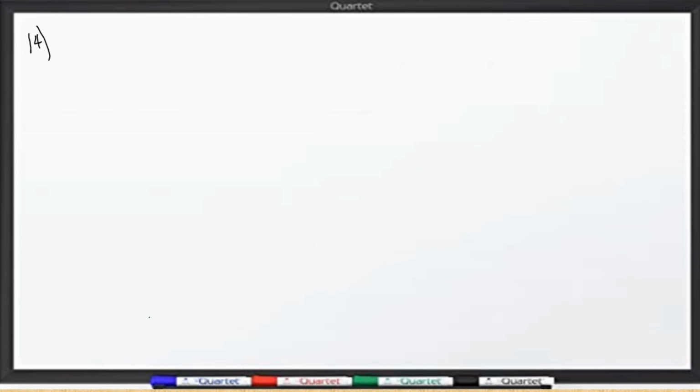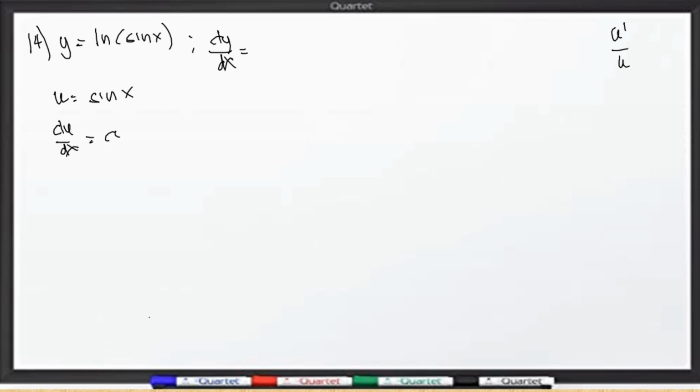What if we have y is equal to ln of sine x? What will be our dy over dx? Ganun pa rin, ano? U prime over u ang derivative niyan. Ano po yung u prime natin? Ang u po natin ay sine x. Ang du over dx po natin will be cosine of x.